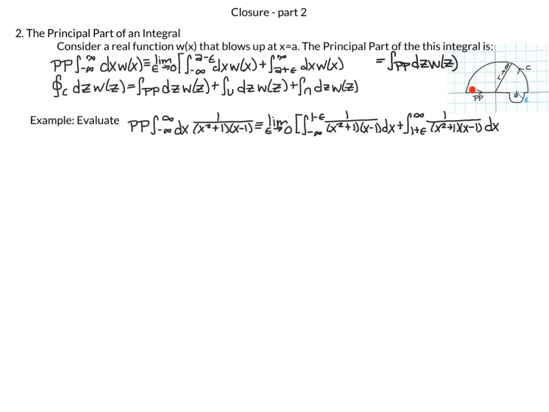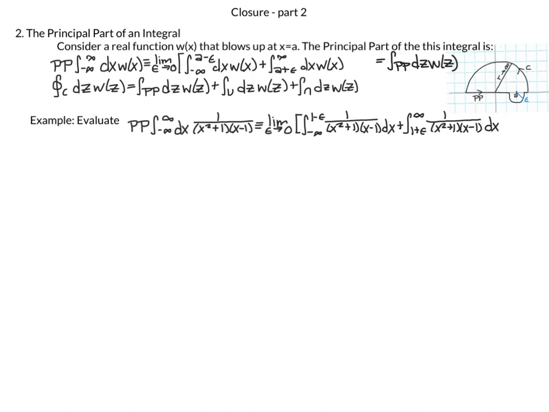We're going from negative infinity to a minus epsilon, and then a plus epsilon to infinity. And then also our closed curve integral now is equal to the principal part plus this little curve around the singularity plus the semicircle that gives us the closed curve.